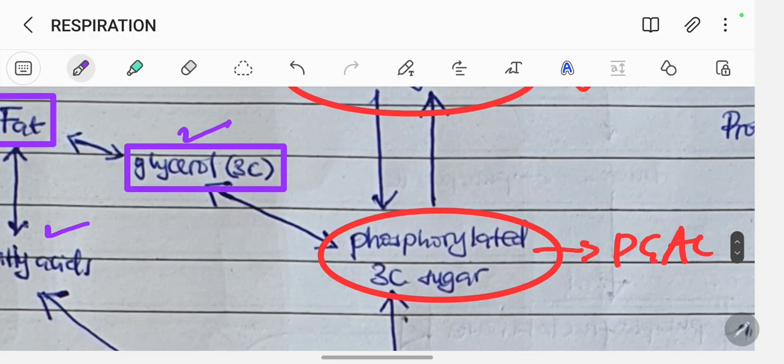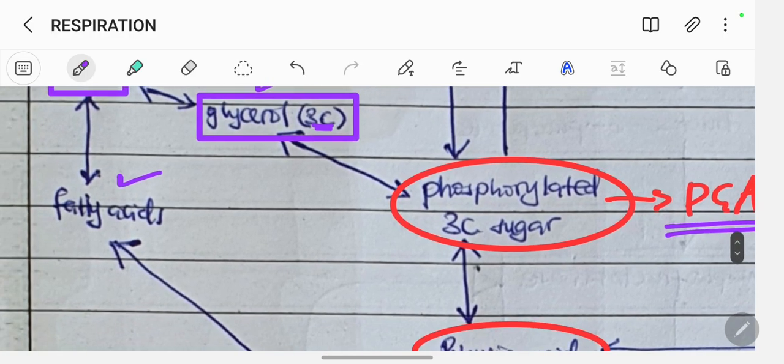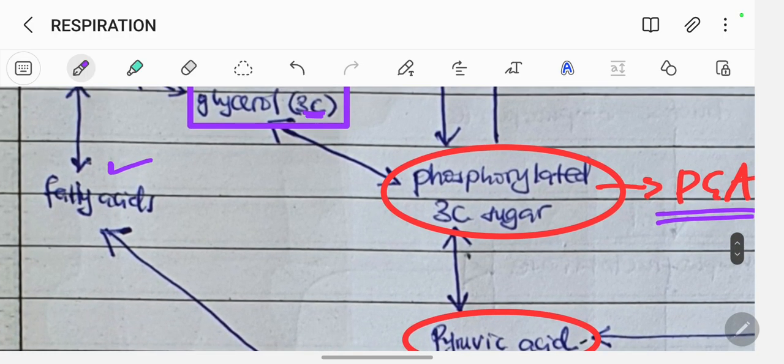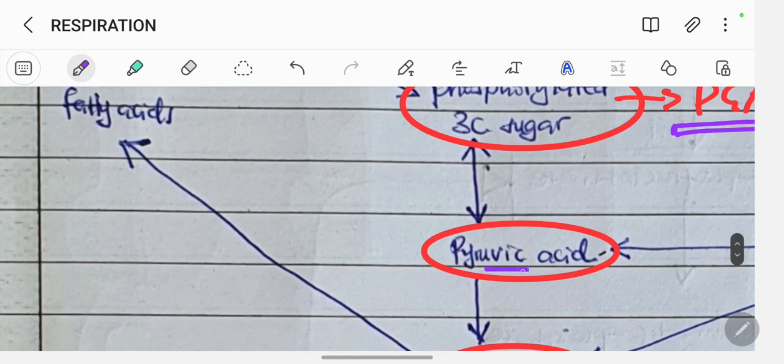So this glycerol, since it's a 3-carbon compound, it can be easily turned into this 3-carbon sugar phosphoglyceraldehyde. And when you turn glycerol to phosphoglyceraldehyde, the journey continues into pyruvic acid.